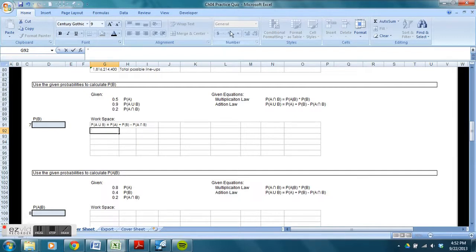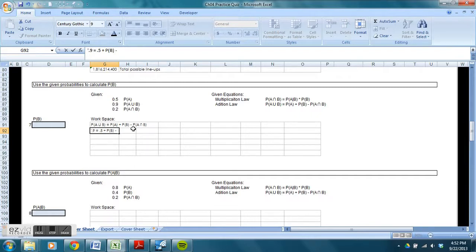So our probability of A union B is known. It's 0.9. That equals the probability of A, which we know is 0.5, plus the probability of B. That's what we're trying to find, minus the probability of A intersection B, which we know to be 0.2.